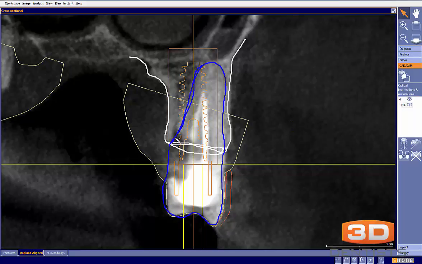And here we've got a potential infection, so I'll consider that bad bone area, not good for stability.